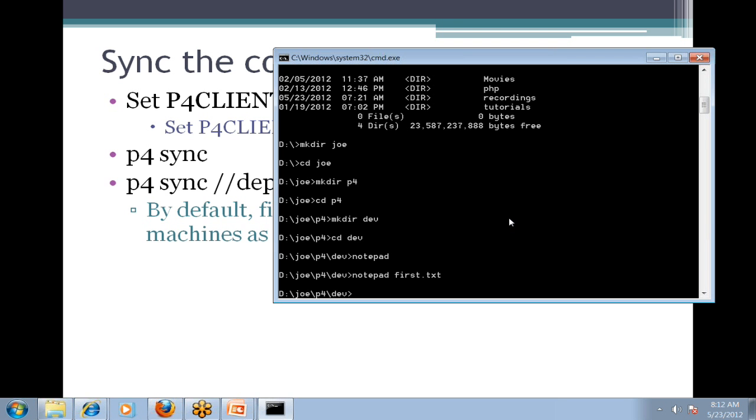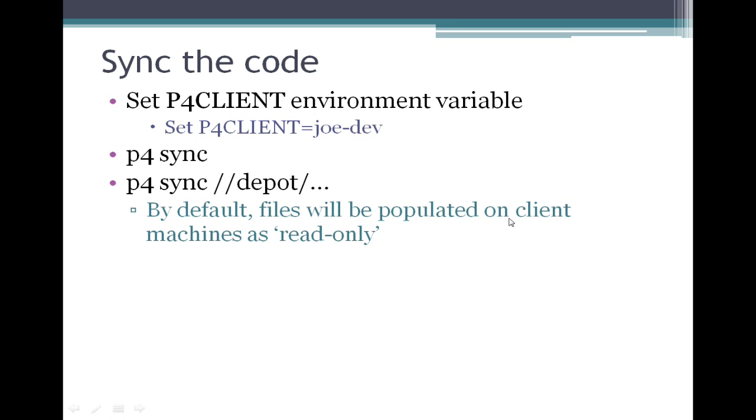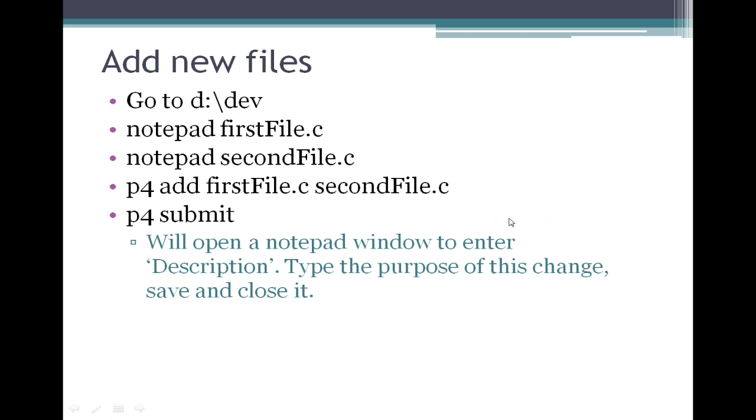To submit a file that you created for the first time, you don't have this particular file on the server. For that, I actually wrote those steps here: add a file. You have to go to that particular folder, in our case Joe P4 dev, though in my presentation I mentioned the D drive. So I created a Notepad first file.